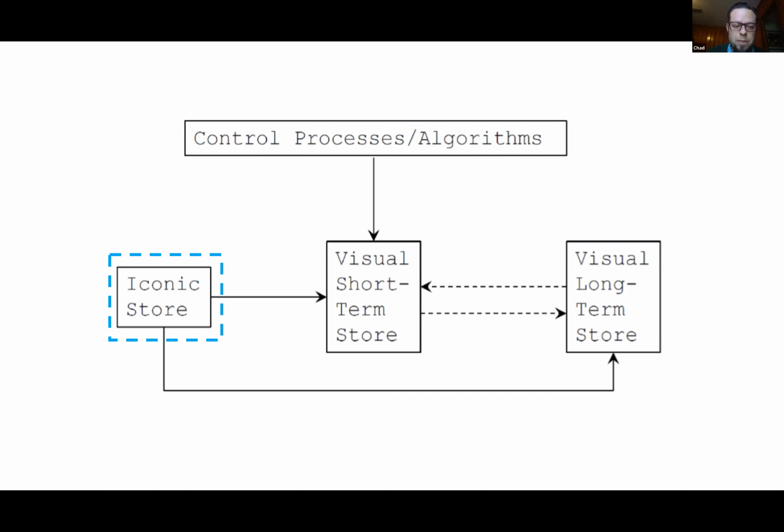So iconic memory, for those of you that are less familiar with it, has two main subcomponents. It has a visible persistence component and an informational persistence component. The visible persistence is something that's been known about all the way back to Wundt. It's distinct from afterimages, and it is an actual imagistic representation where people feel as if they still see the stimulus for a very, very short period of time.